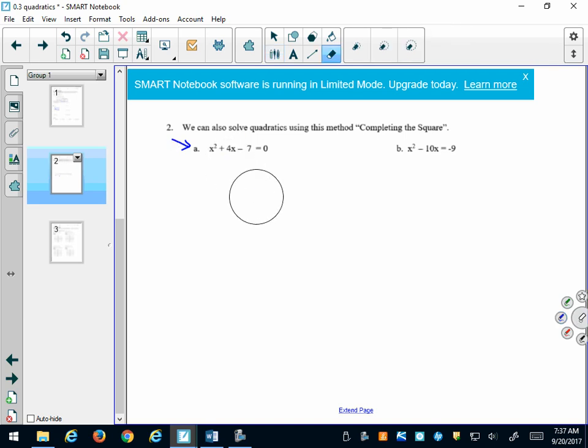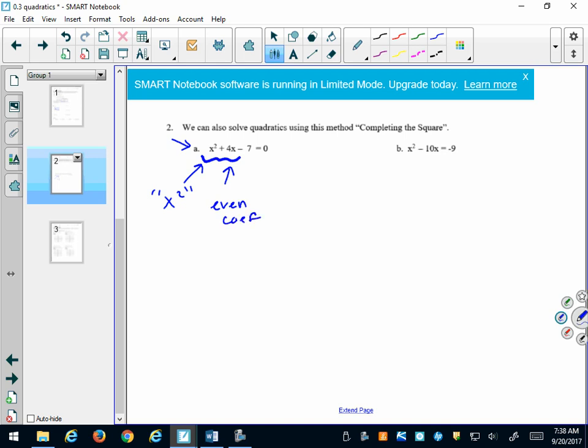We just had the question come up about when can you complete the square. So here's the rules for when it's possible to complete the square. You're going to look at these first two terms. The first term needs to be x squared, not 2x squared, not 3x squared, not anything else, but just x squared. And the middle term has to be an even coefficient, right?